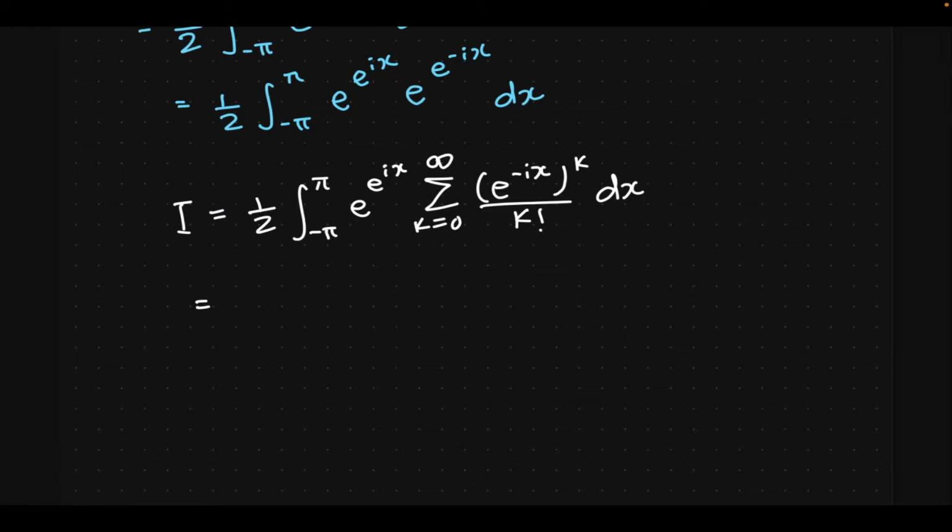And now, using the arguments of uniform convergence of this function in general, it's quite easy to make the argument of uniform convergence, because we have here e to the minus ix, which is always bounded by 1.